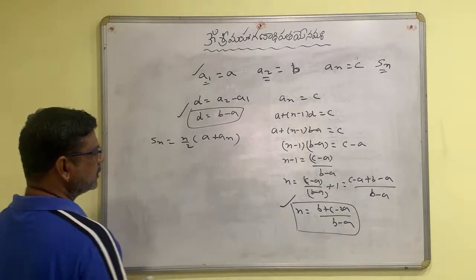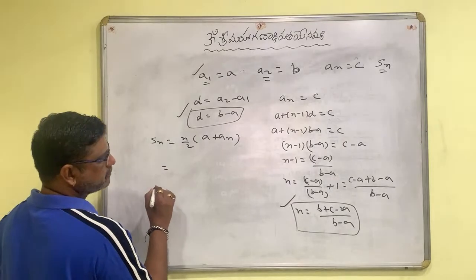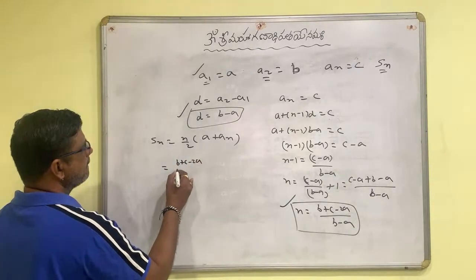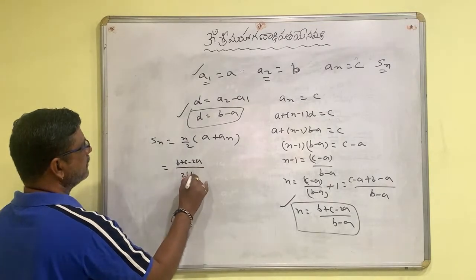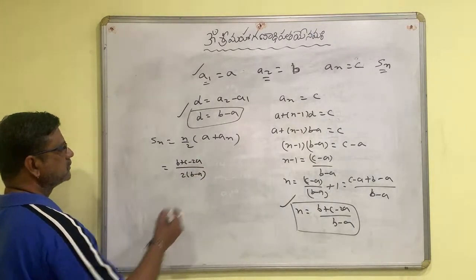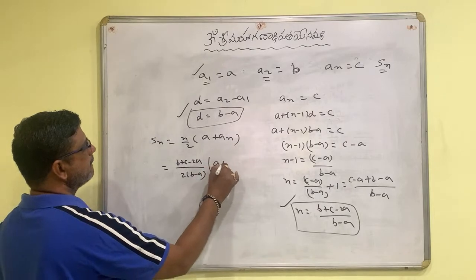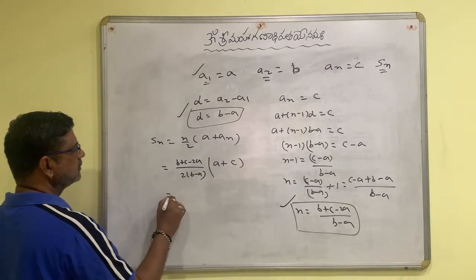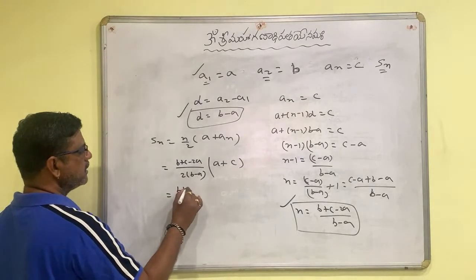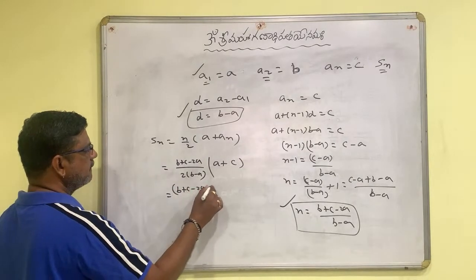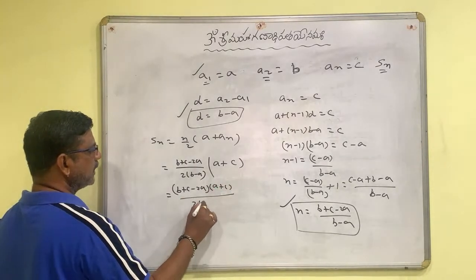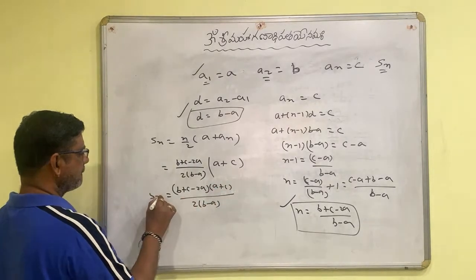Now substitute the values. What is n? B plus c minus 2a by 2 into b minus a, that is n by 2. A plus an. An is c only. So the answer is b plus c minus 2a into a plus c by 2 times of b minus a.